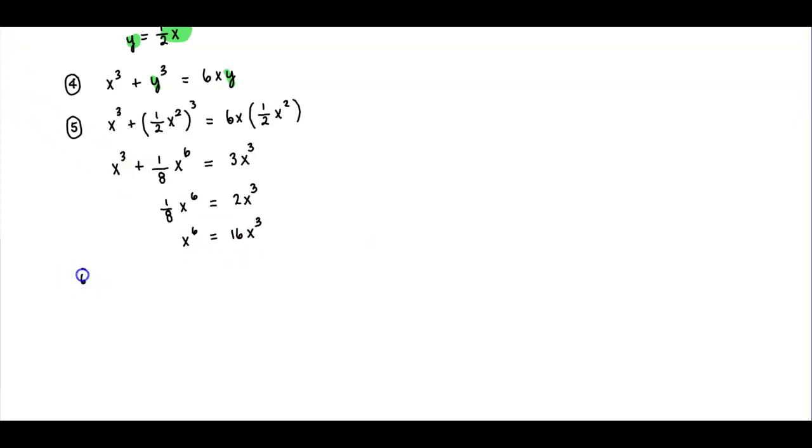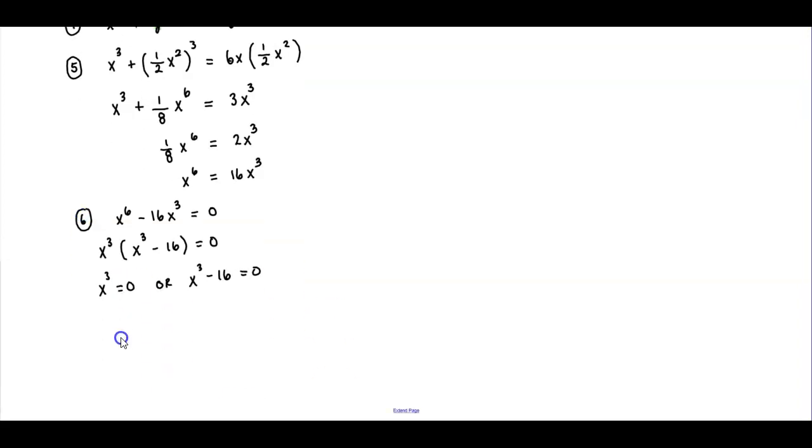Now let's set this equal to 0. We have x to the 6th minus 16x cubed equals 0. What does that mean? If we factor out an x cubed, we have x cubed times (x cubed minus 16) equals 0. So we have x cubed equals 0, or x cubed minus 16 equals 0.